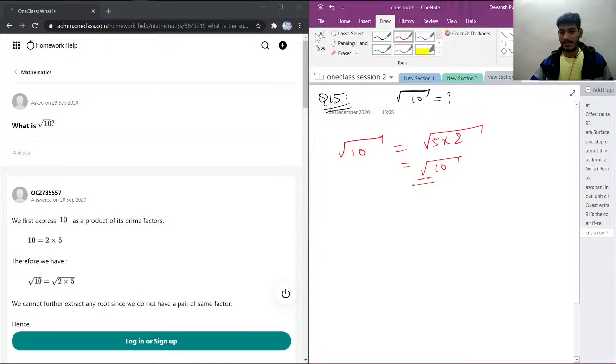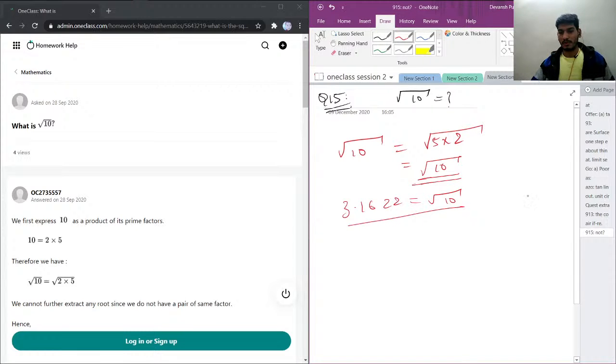But if we need to find the exact value of square root of 10, either I can use the calculator. So using the calculator, square root of 10 is 3.1622.